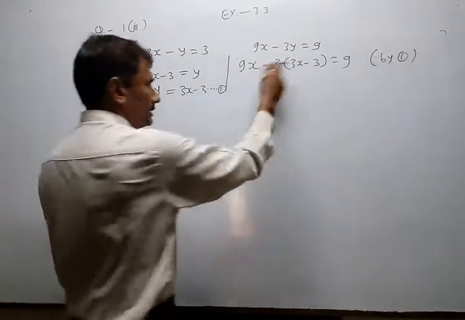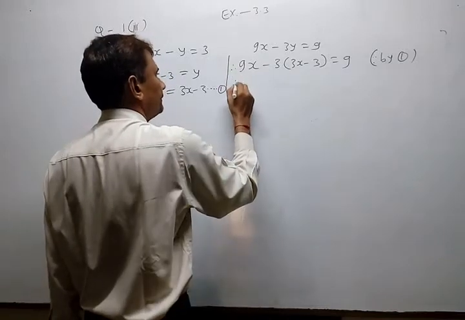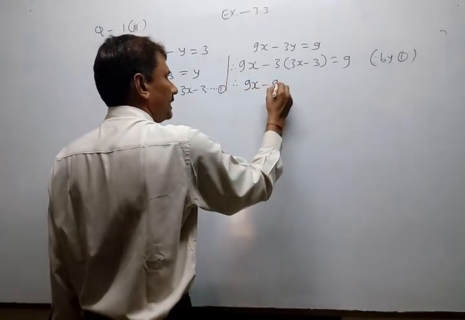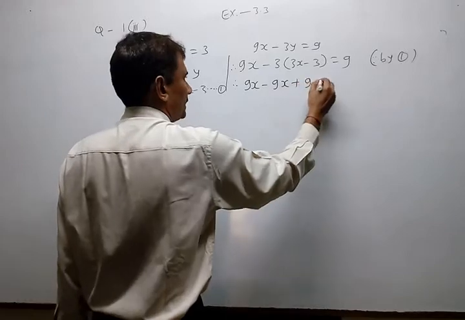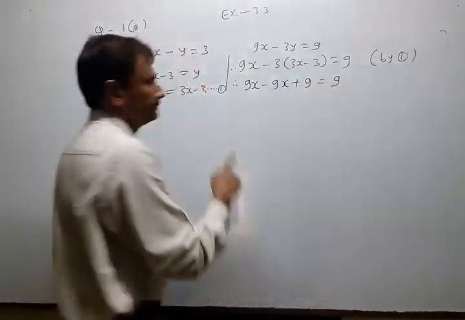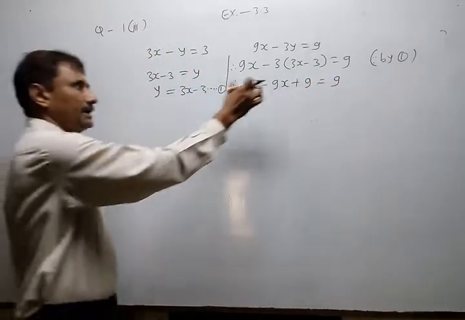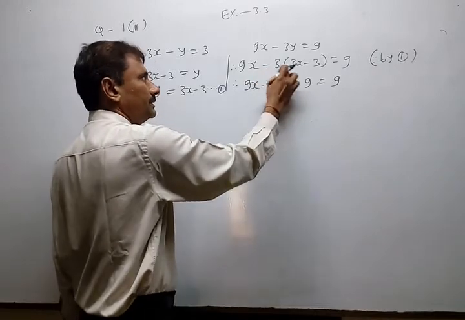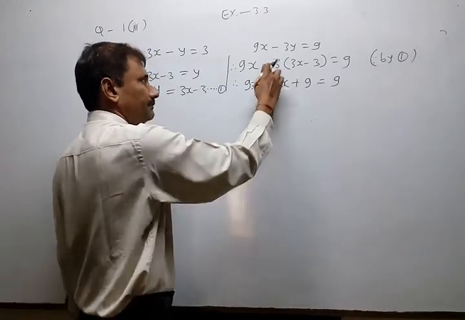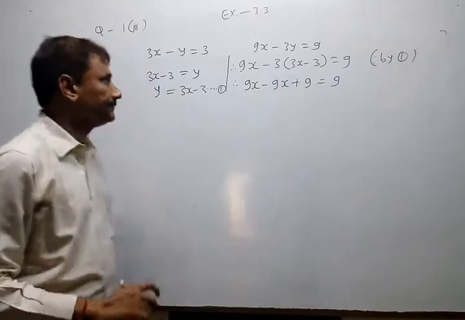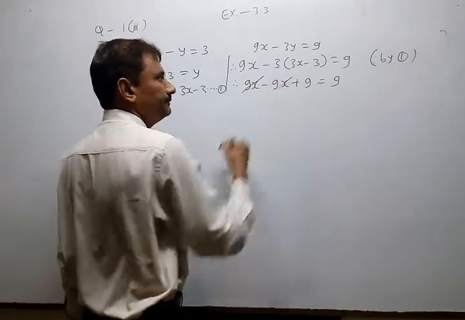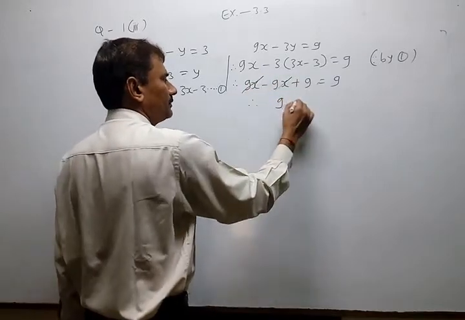So this becomes 9x minus 9x plus 9 equal to 9. The bracket is open: 3 3s are 9, minus times minus is plus, 3 3s are 9. So 9x cancels, and what is left is 9 equal to 9.